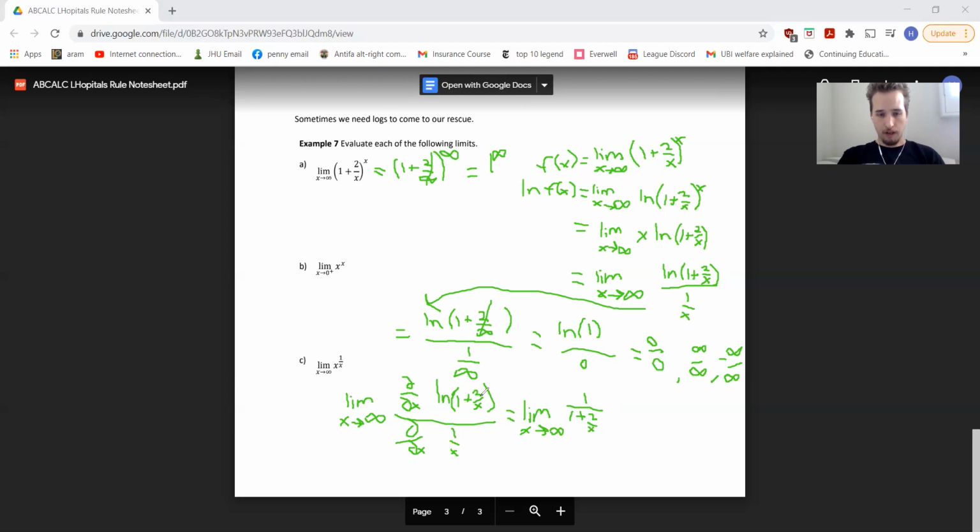And then chain rule, right? So derivative of what's inside: derivative of 1 is 0, and then the derivative of this. Well, this is 2 times x to the negative 1. So we're going to get multiplied by negative 2, right? Because this is x to the negative 1, so the negative comes out and multiplied by the 2. So negative 2 times 1 over x squared, right?